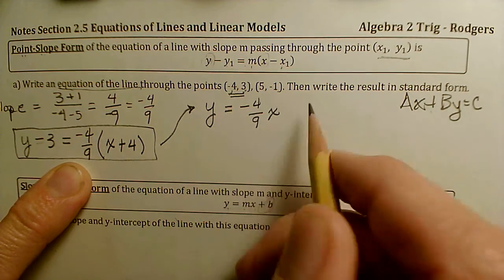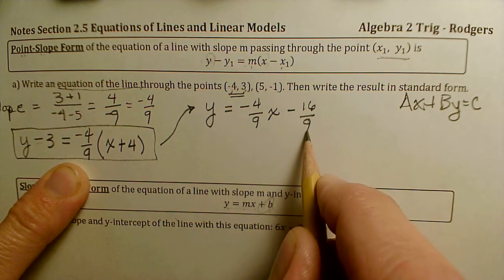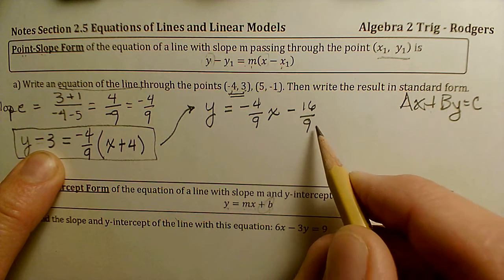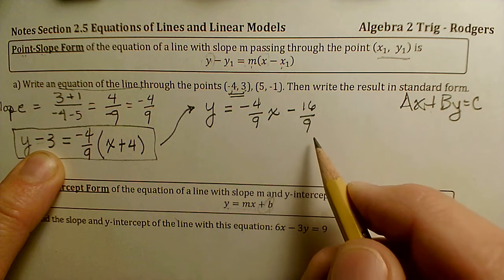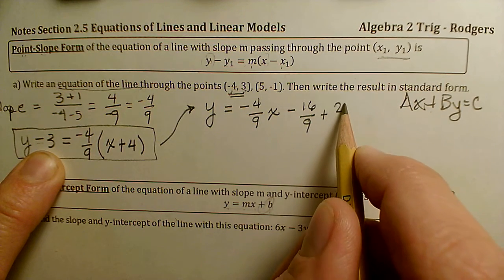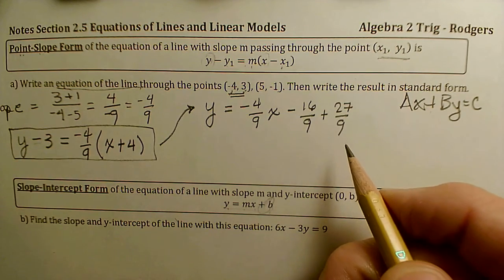I'm distributing that, minus 16/9. Now I'm also bringing the 3 over, but I'm going to want to combine it with the 16/9. So probably I'll write that as plus 27/9. So the 3 becomes 27/9.